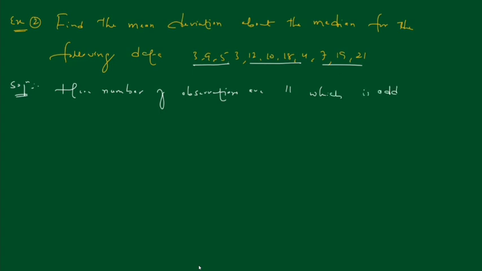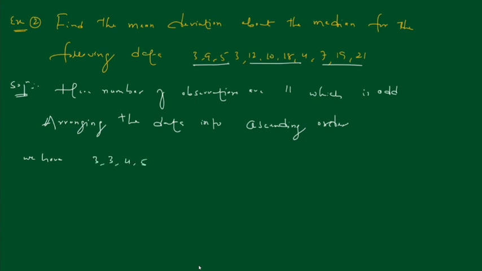So in that case, arranging the data into ascending order. So what we get: 3, 3, 4, 5, 7, 9, 10, 12, 18, 19 and 21.